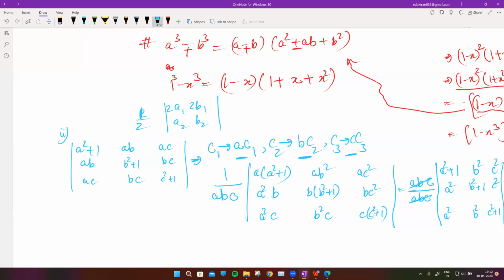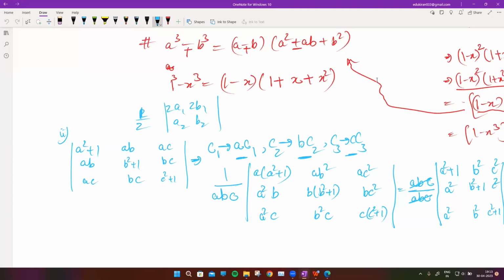And please feel free to ask if you haven't understood any step here. Okay, so how can we solve it further? Can you see that we are about to solve this.